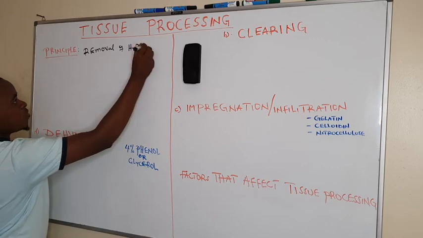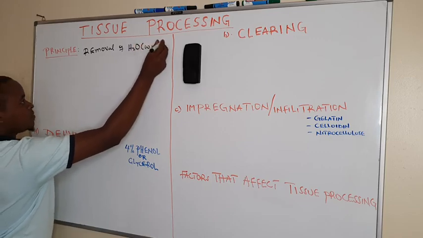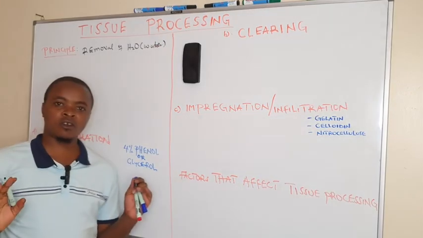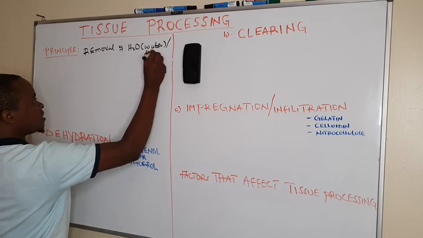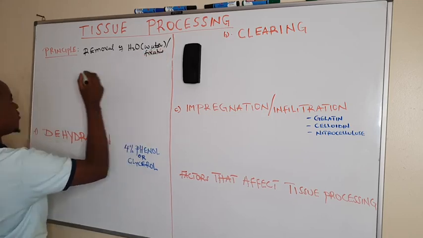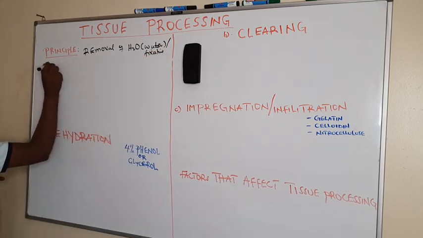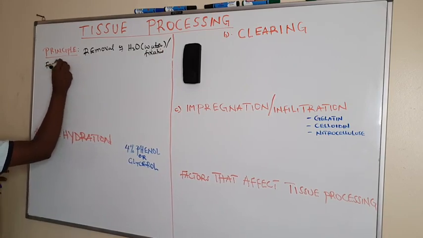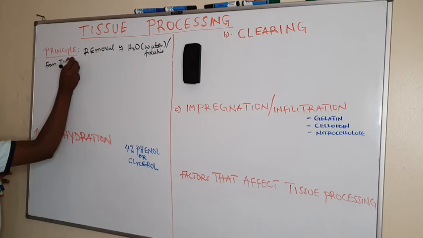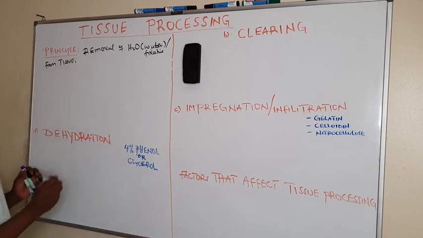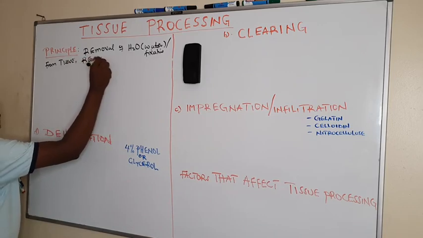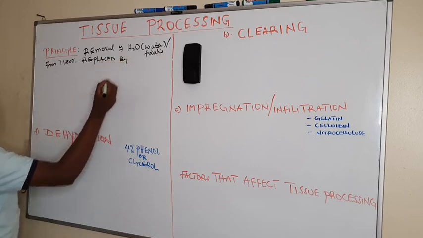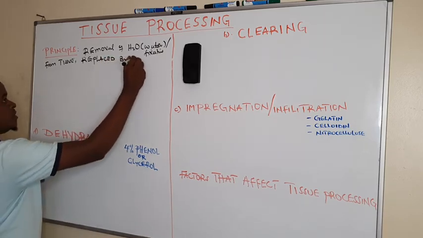So we are removing water from the tissue, either water or fixative which has been used, from the tissue, then we replace it. It is being replaced by a support media.